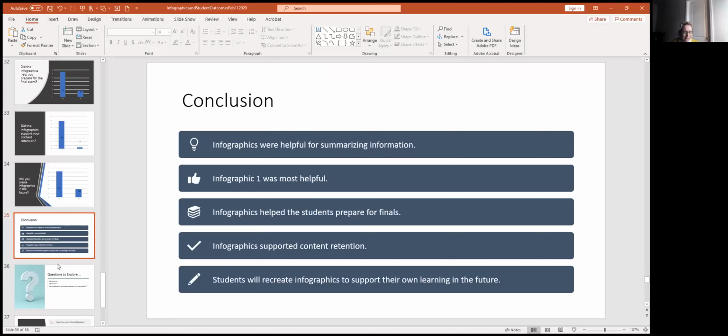And this is what was exciting to me. Some of the students are saying they may take that learning tool to help them be better self-directed learners in the future. And I like that idea, because I'm not only teaching management, I'm teaching how to learn, and I want my students to be lifelong learners.